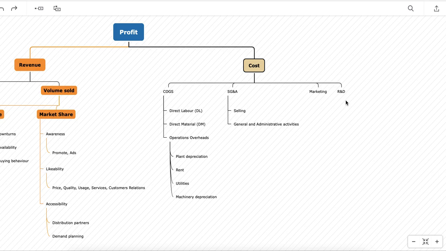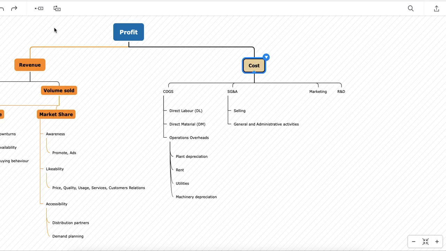So this is one of the industries where R&D cost is very high. Similarly, in automotive industries the R&D cost is also very high, but they have a bigger chance of making it to the market. Whatever they do R&D on, most of the time they are able to make it to the market, right? So this is about R&D cost.